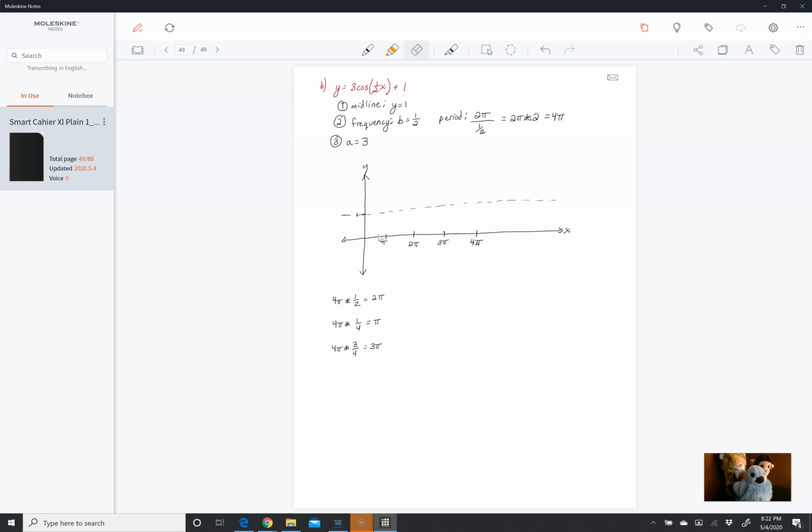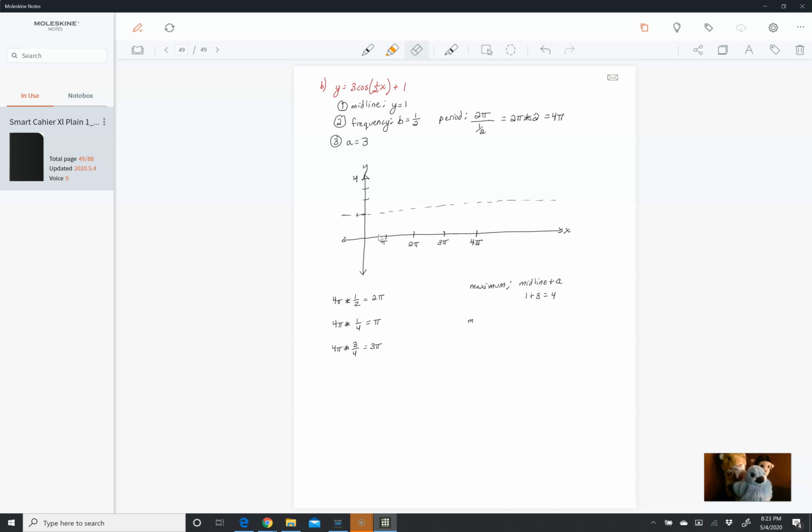Okay. Then you might want to identify where your maximum is going to be and where your minimum is going to be. So your maximum is the midline plus the amplitude, right? Our midline is at 1. Our amplitude is 3. So our maximum is going to be at 4.